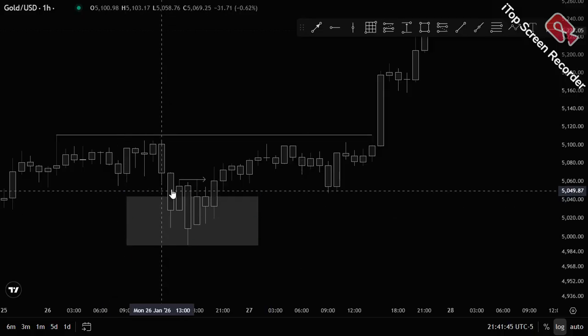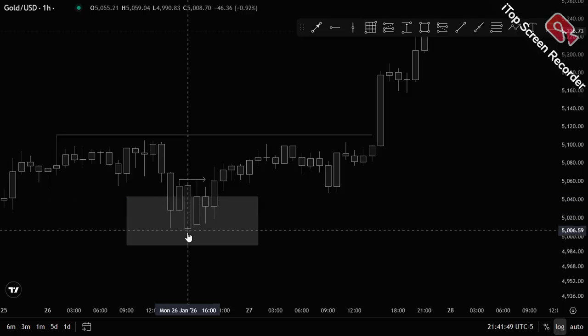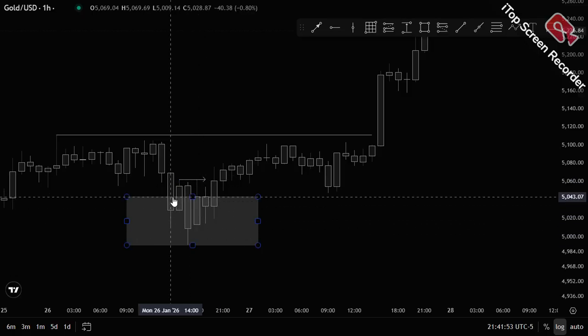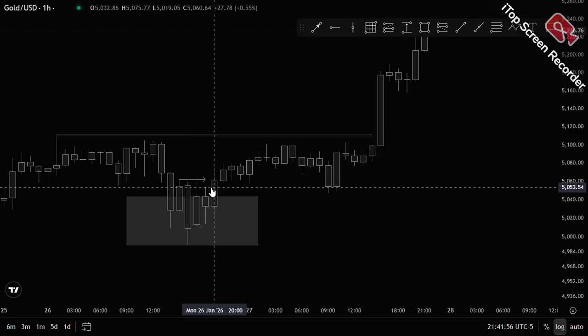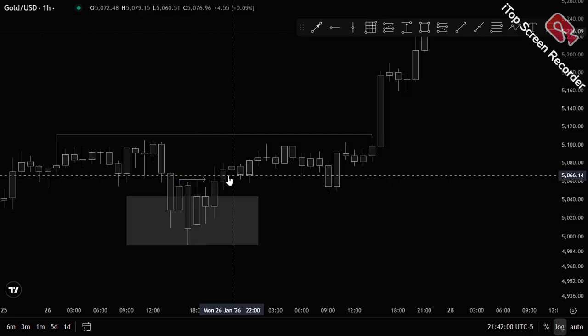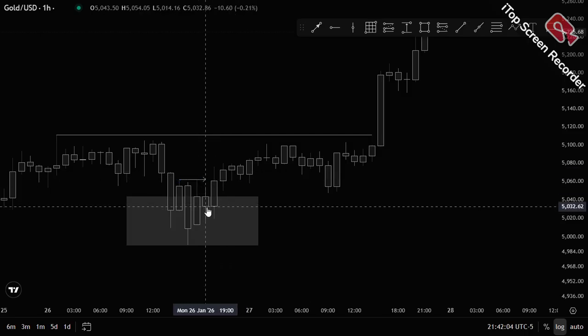So this is our 8-hour rejection area also. So let's study this rejection. You see, after we had this rejection candle here, we finally had this decision candle that broke this high, and then we expect a pullback into this level, right?